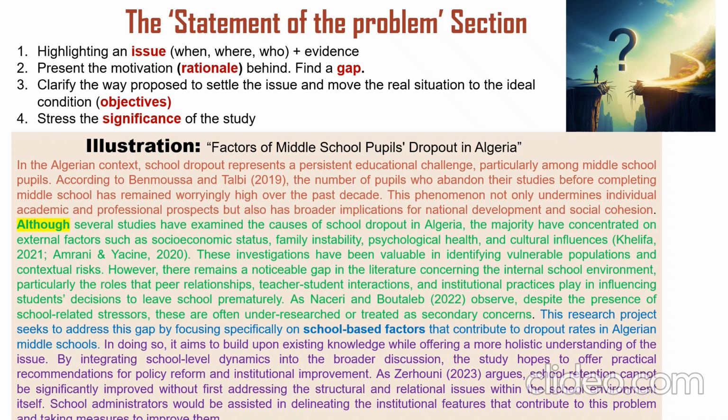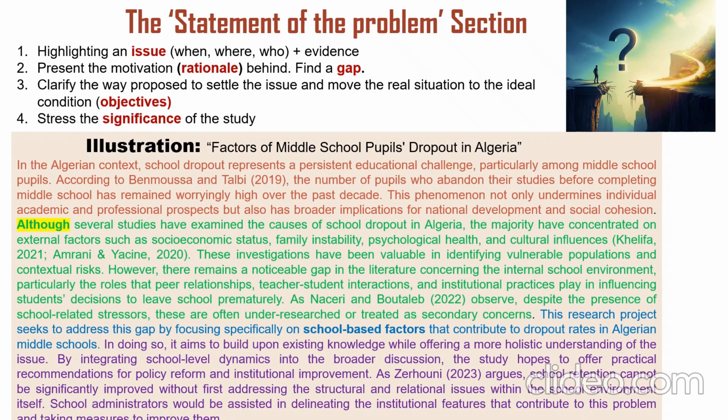Then, the writer comes to the point where he highlights the significance of this kind of research. And this is said in the last section. In doing so, it aims to build upon existing knowledge while offering a more holistic understanding of the issue. So he's stressing that this will provide a better understanding of the issue.